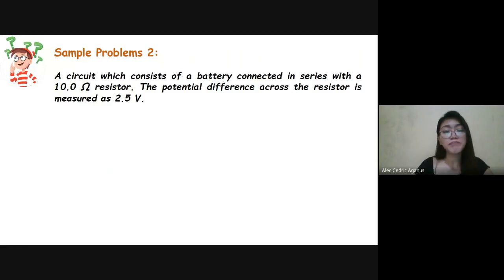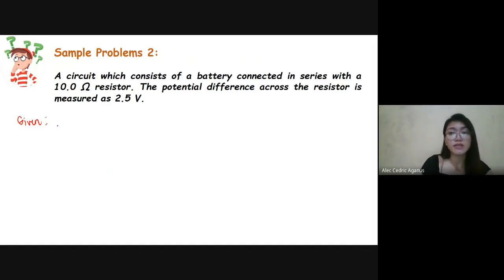A circuit consists of a battery connected in series with a 10 ohm resistor. The potential difference across the resistor is measured as 2.5 volts. In order for us to determine the needed value, we have to indicate the given.